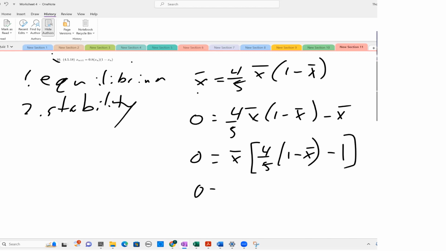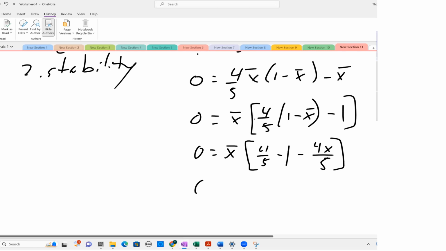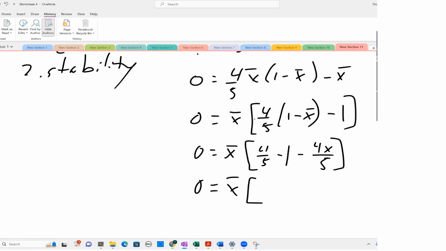So 0 equals x bar times 4 by 5 minus 1 minus 4x bar by 5. 0 equals x bar times minus 1/5 minus 4x bar by 5.